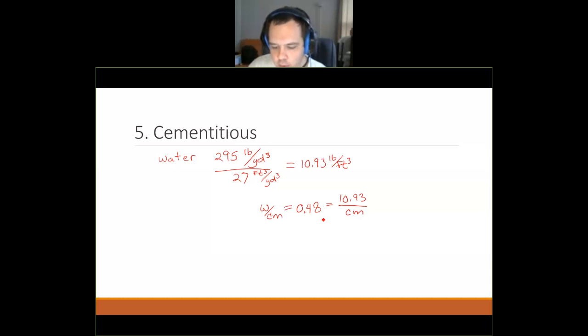Now I'm going to flip that around, solve for my cementitious content, and I should get my total cementitious to be 22.76 pounds per cubic foot. All right, so that's total cementitious.